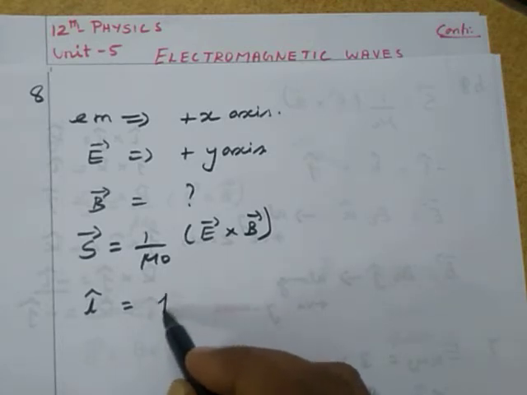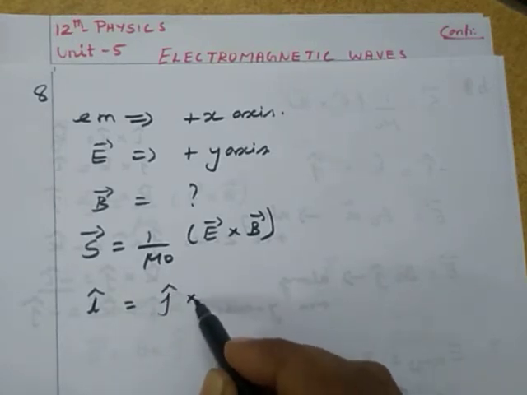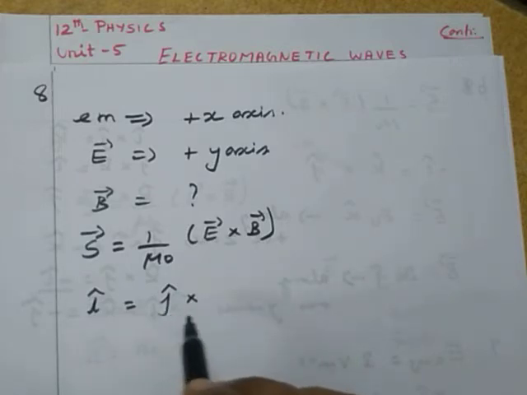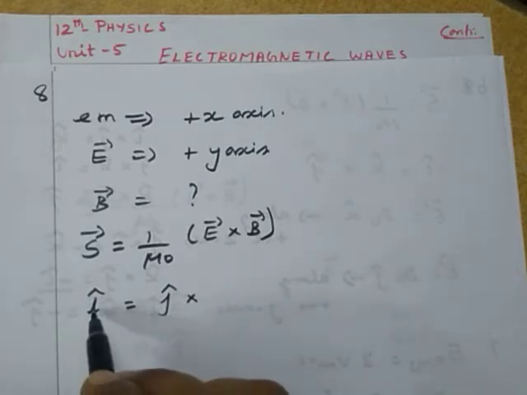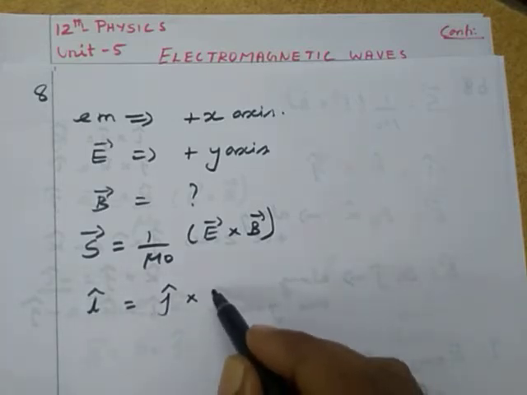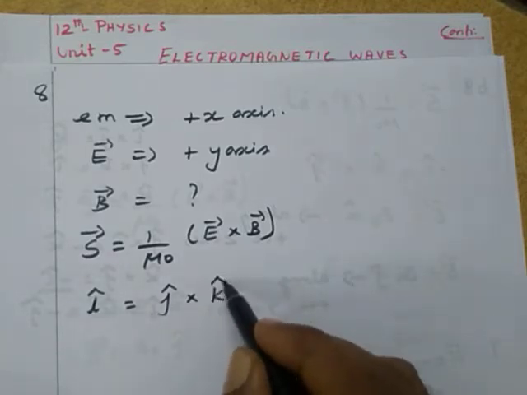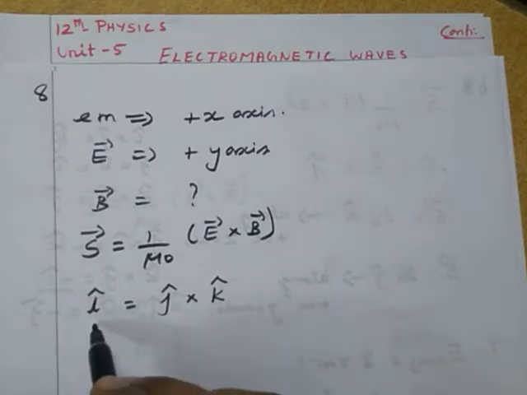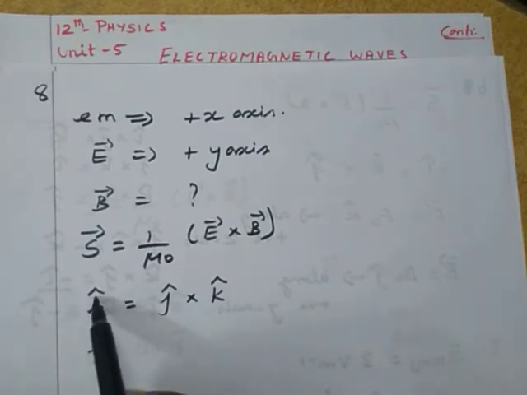so it is j cap cross, something, which gives i cap. That is easy, that is k cap. j cap into k cap gives i cap. So the direction of propagation of the electromagnetic wave is along i cap.